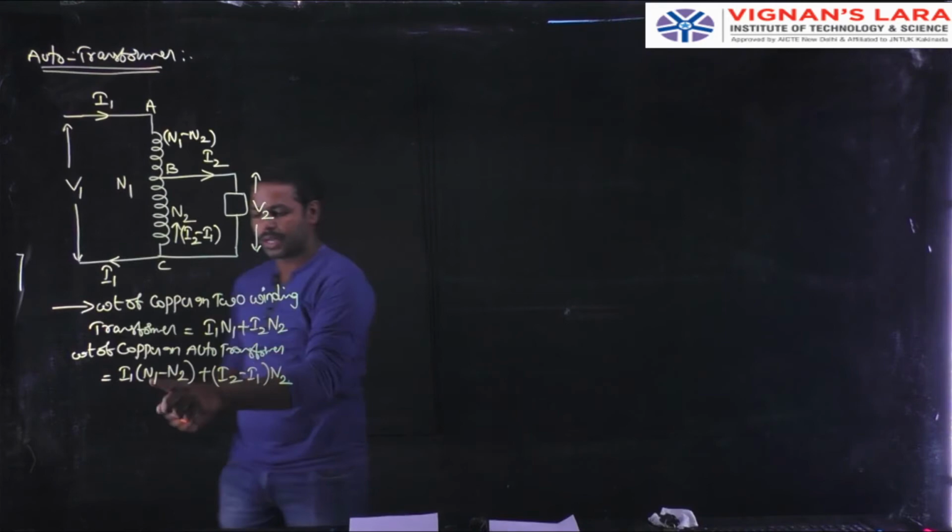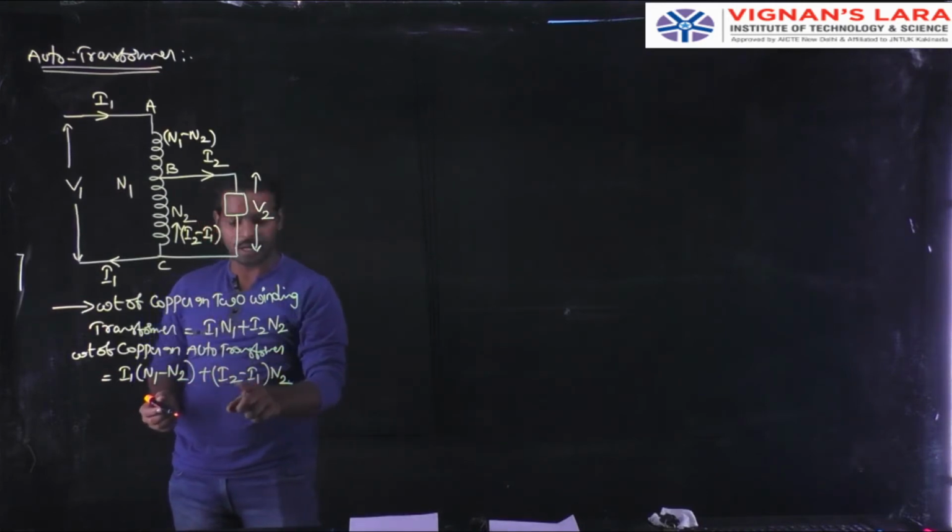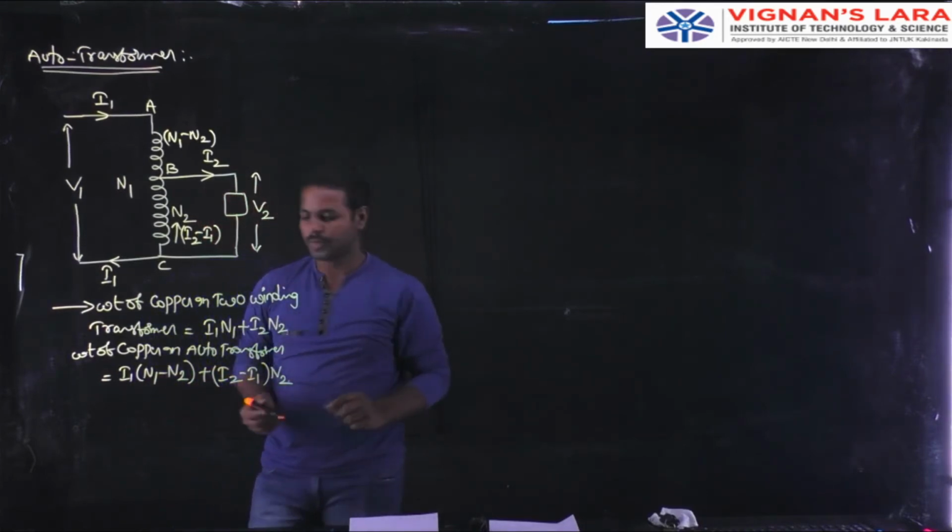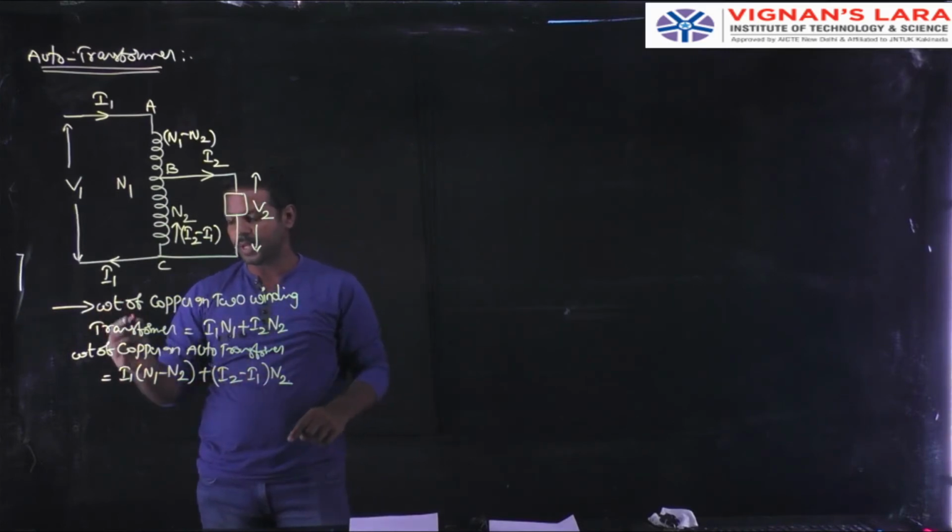So I1 into (N1 minus N2) plus I2 into (I2 minus I1) into N2. In this, the weight of copper is to be considered.